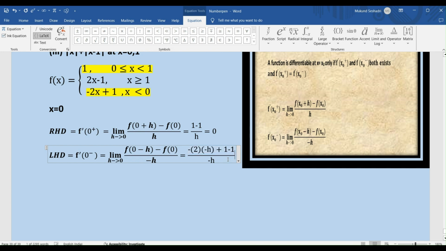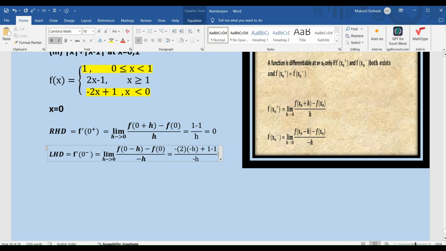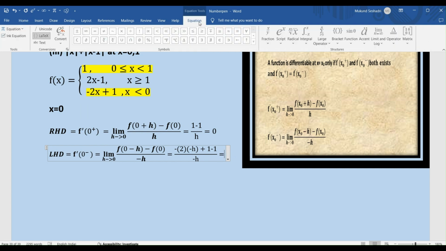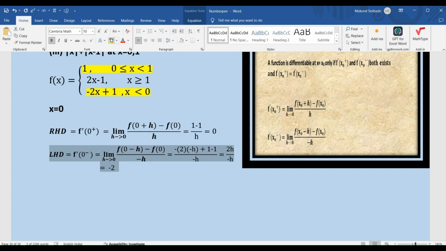So I can comfortably cancel out my 1 and 1. And then I have my minus 2 into minus h, which is nothing but plus 2h, 2h divided by minus h. And then I'm left with 2h by minus h, which is nothing but minus 2, right? So my LHD is minus 2 and my RHD is 0.